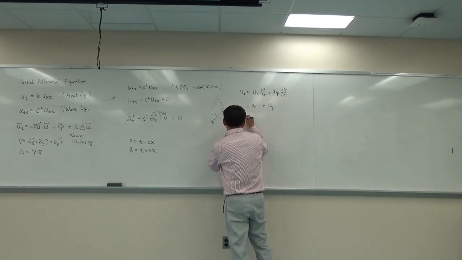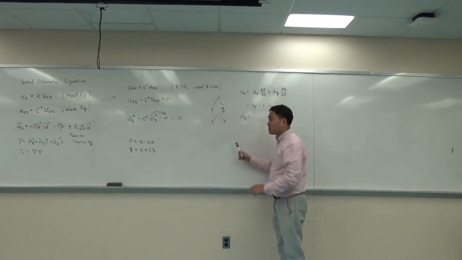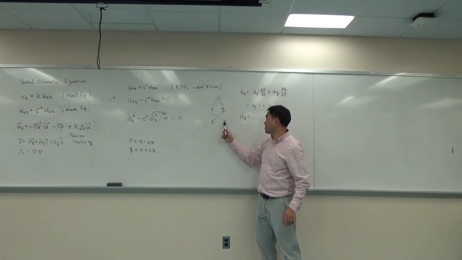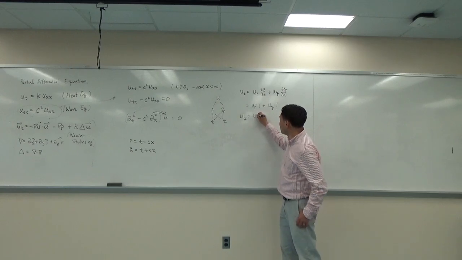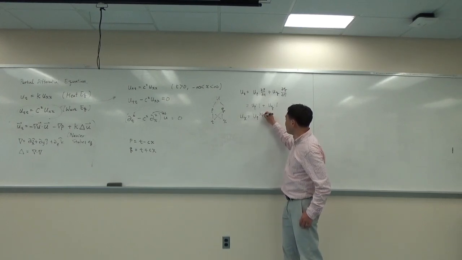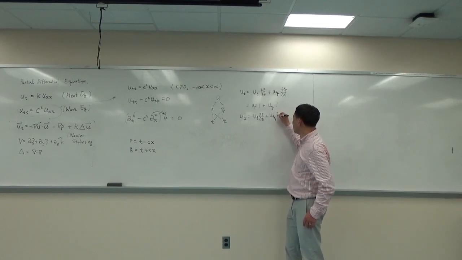Okay, and then what about ux? Let's try that. Now, again, this suggests that if you want to see how u changes with respect to x, you have to go like this and like that. So that's up differentiation of p with respect to x, uq differentiate q with respect to x.